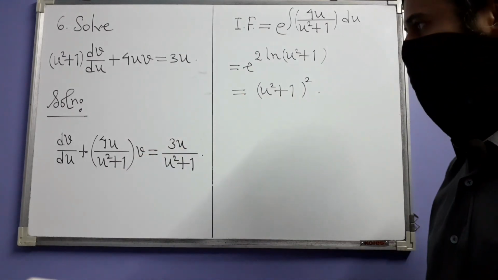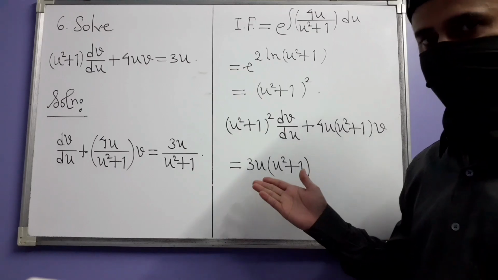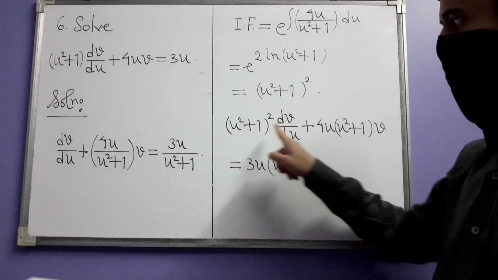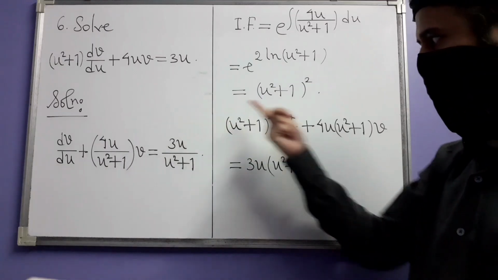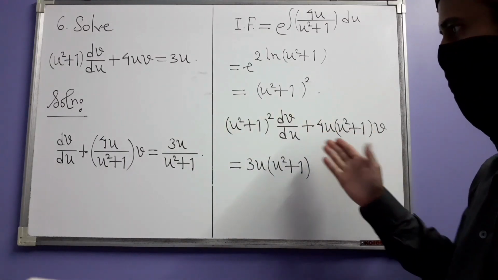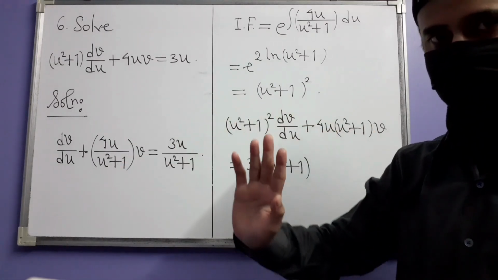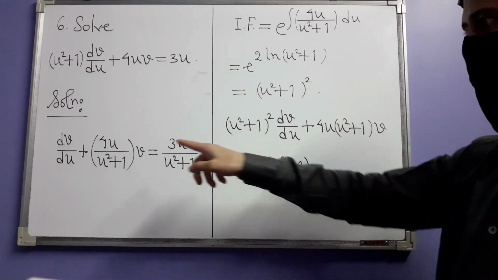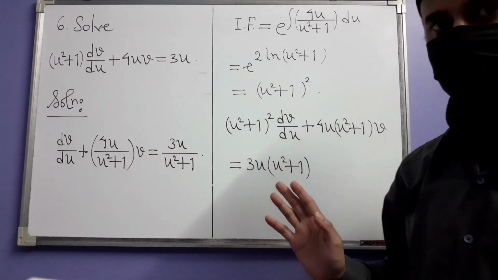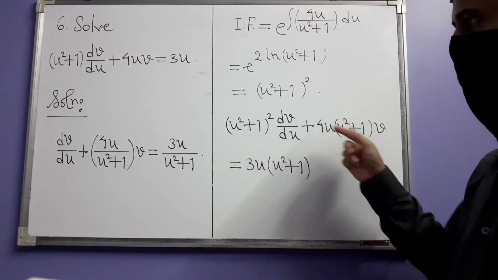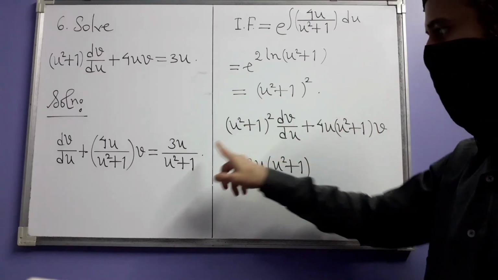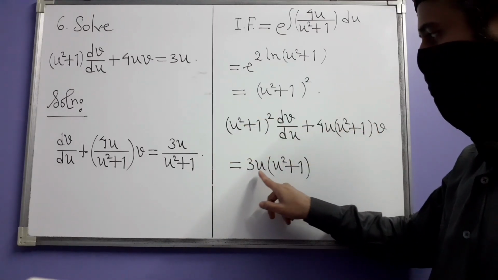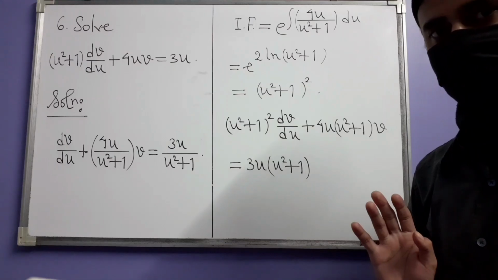So doing that multiplication, this equation gets turned into this: u square plus 1 whole square times dv/du plus, here there will be a cancellation, but even after cancelling one u square plus 1, you still have another one with 4u and v. Similarly, on the right hand side, it is 3u times u square plus 1.